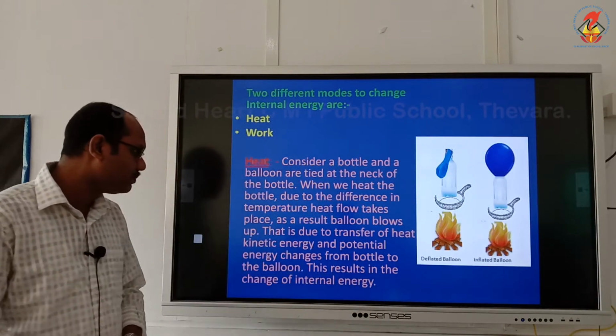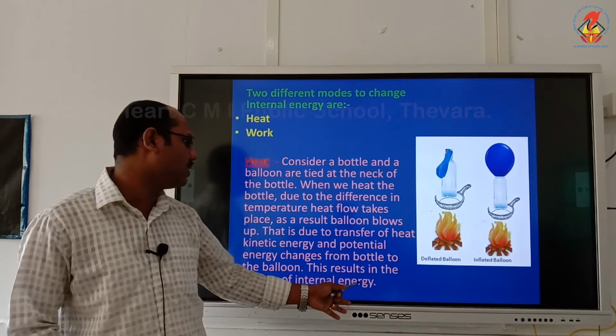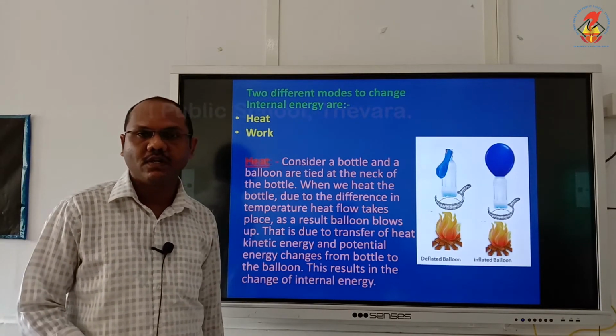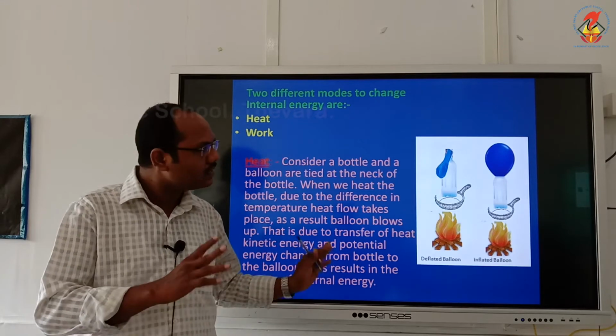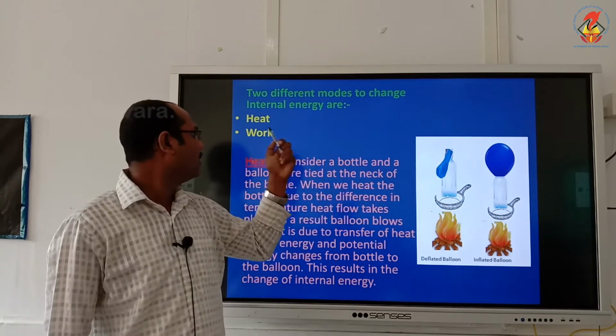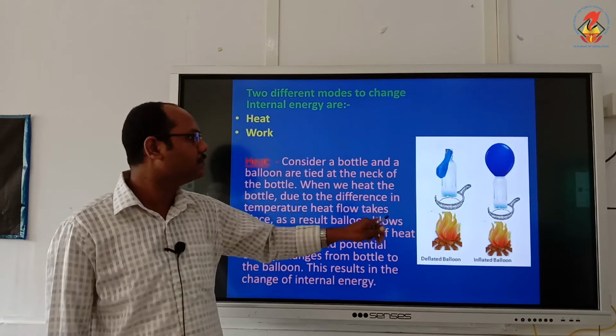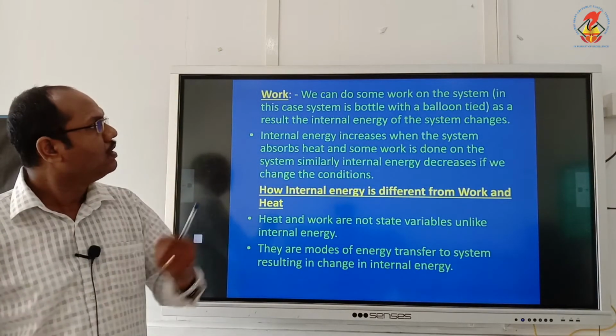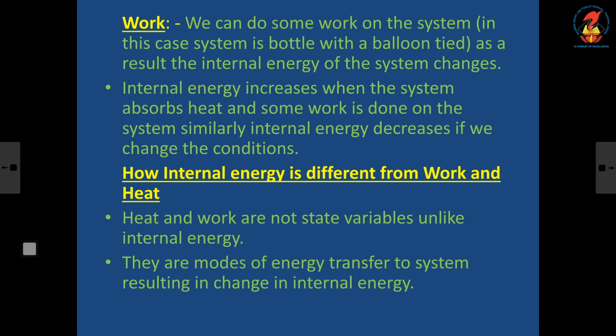So this results in a change in internal energy. To create the change, I first gave the heat. That is the first technique. Now the second technique is work. Let us see. We can do some work on the system.